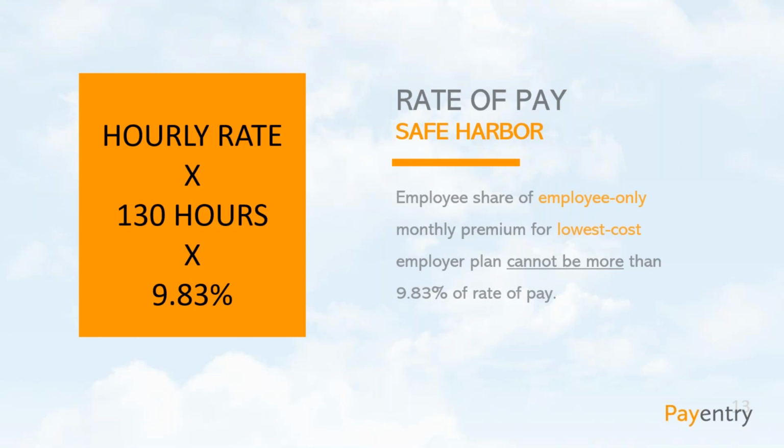So in order to get that, you would take the hourly rate times 130 hours, and that's what a month is supposed to be under ACA. And then multiply that times 9.83%. That will tell you what your lowest premium can be or should be. Look at the lowest paid person in your company, and that will tell you if your plan is affordable. You don't need to go through and do the calculation on everyone. Just look at the lowest rate of pay in your company, and that will tell you if your plan is affordable.